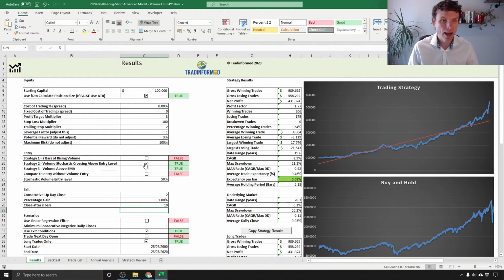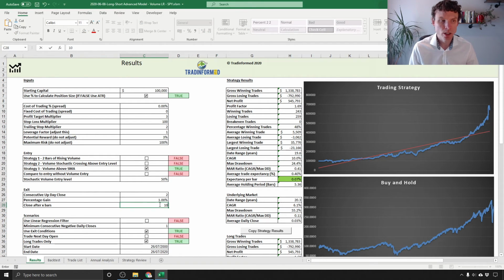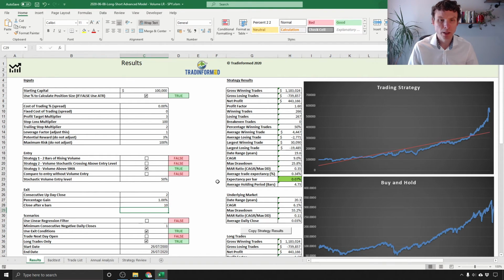If I was to look at volume above the simple moving average, take it back to 20, you can see we actually have a decline in total profitability, but expectancy per bar holds pretty true. In fact, we can take it to 6 bars and we'd actually get an increase in expectancy per bar. So there you have it.